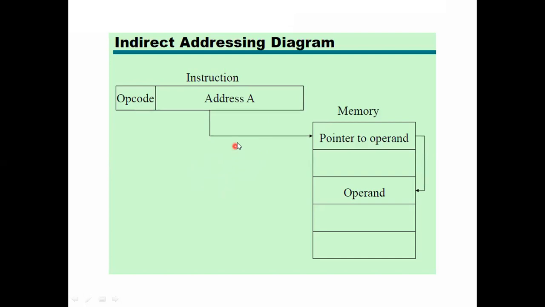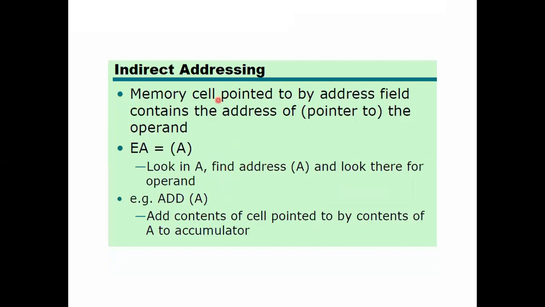ఓకే అమ్మా, so this is indirect addressing mode. See here, effective address equal to brackets of A. What is the meaning of these brackets? The contents A లో ఏముంటుంది అంటే అమ్మ మెమరీ లొకేషన్ ఉంటుంది, ఆ మెమరీ లొకేషన్ లో కంటెంట్ డేటా. ఓకేనా, దట్స్ వై if this square brackets is there, then we are saying that the contents in that memory location A. Okay amma, so here indirect addressing mode will be represented like this.